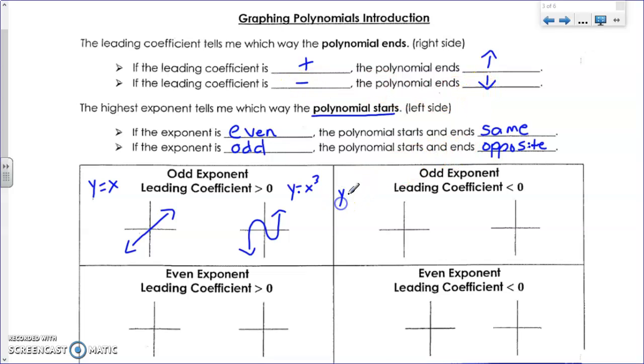So in this case, we would have y equals negative x and y equals negative x cubed. Same ones, except now, instead of my slope being positive for my linear function, it goes to the right, now it would go to the left. So it would start up and end down. And the same thing for my cube root. Start up, end down.